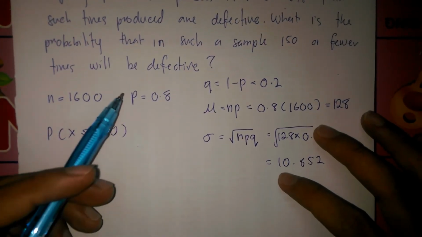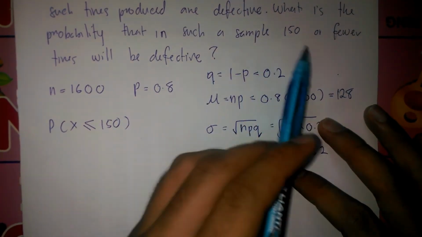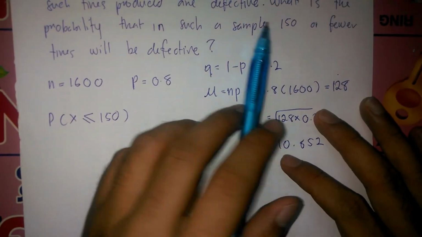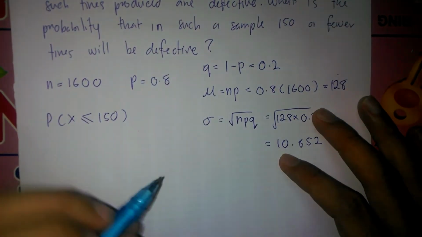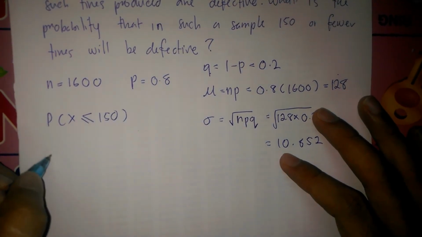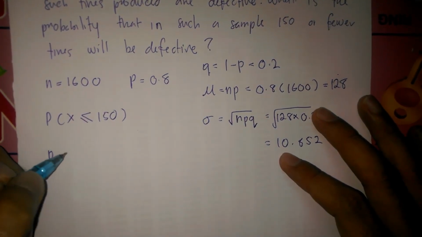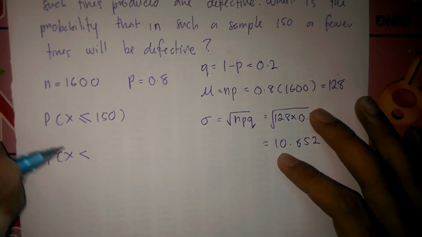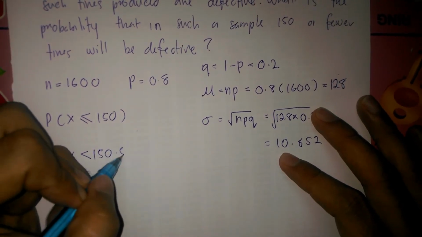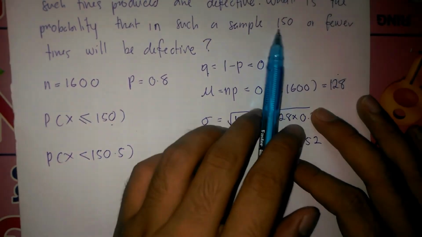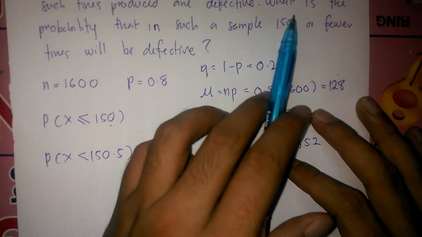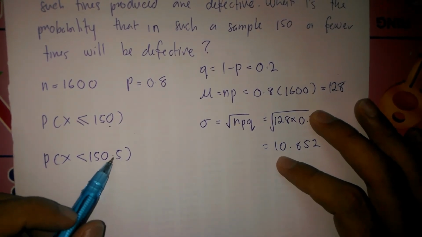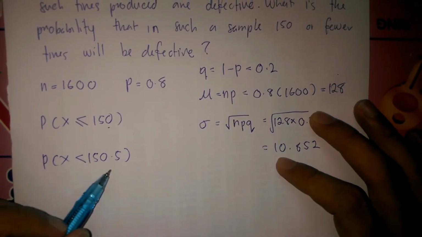Because they need 150 and fewer, we conclude P of X less than 150.5, because the question needs 150, so we take the upper limit of 150, which is 150.5.